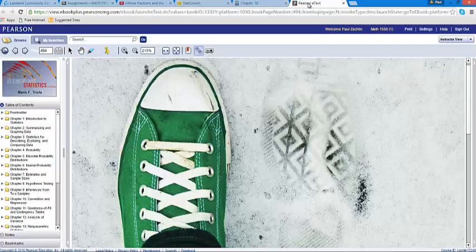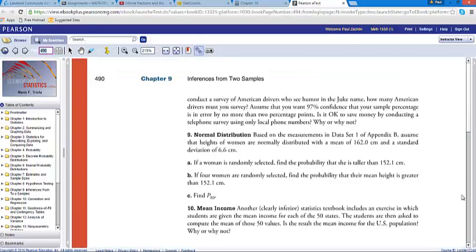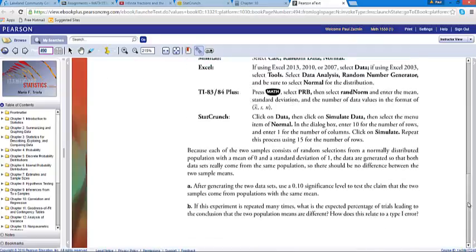If I look at the e-text carefully, let me go back to the project page for just a minute. So again, it was on page 490. And it said use a 10% significance level.